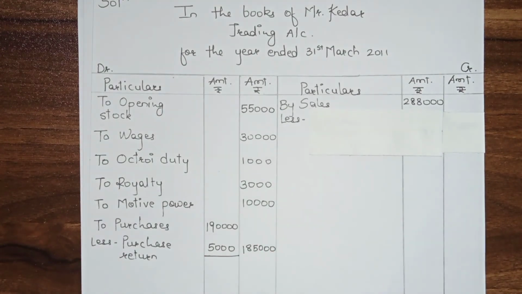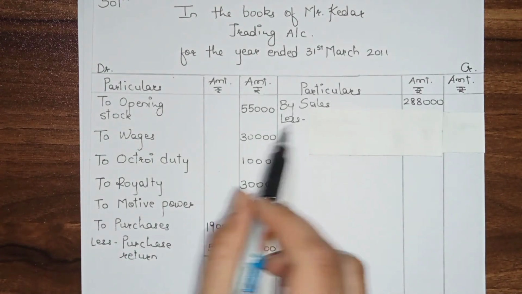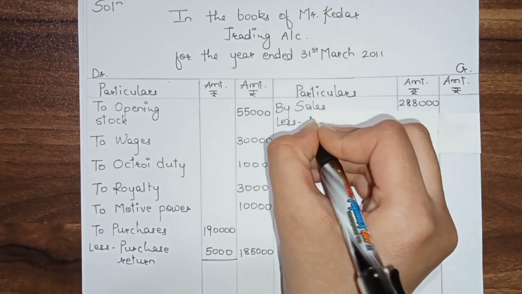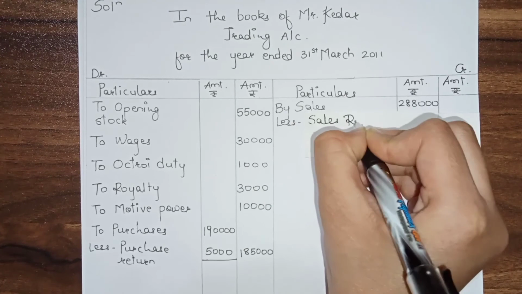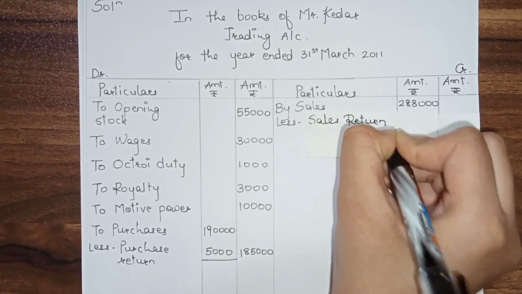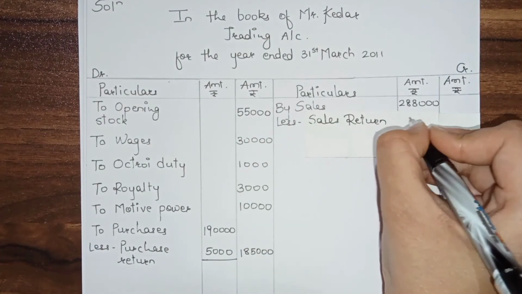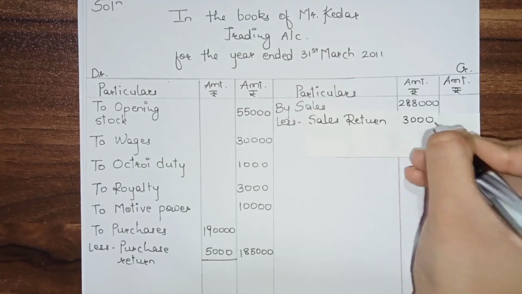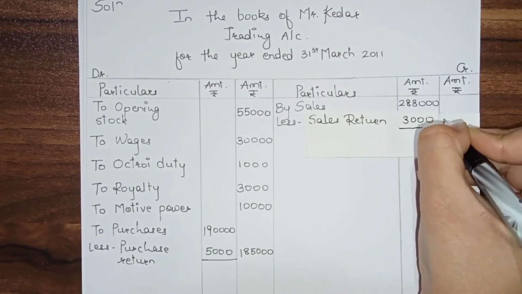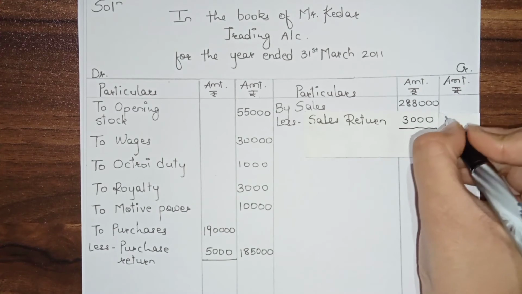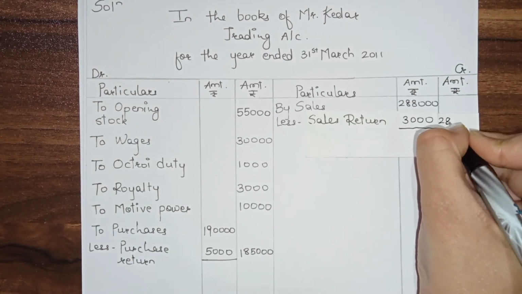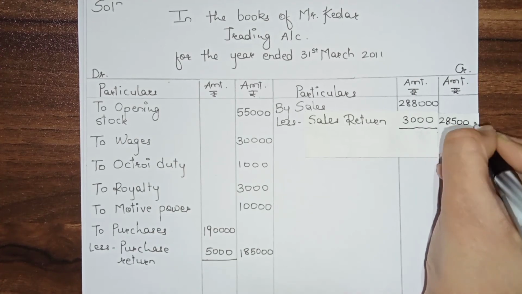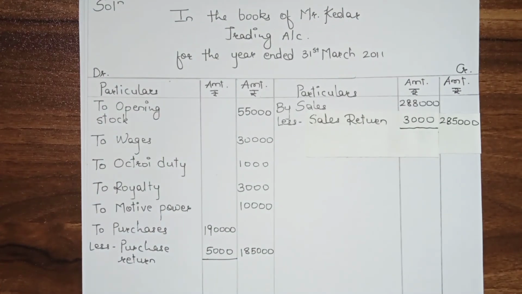We have already written the amount of sales, just we have to write down subtract from sales returns amount 3,000, and in the outer column you have to write down the amount 2,85,000. So this is how you have to solve the adjustment.